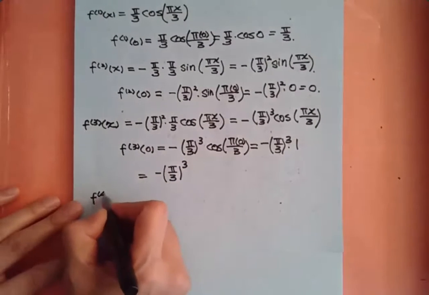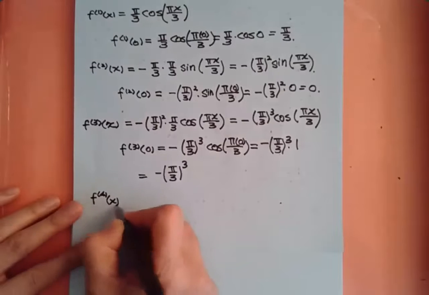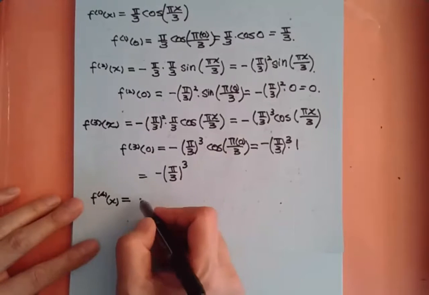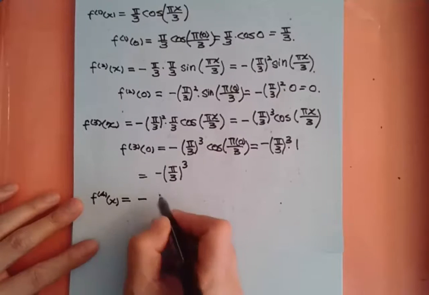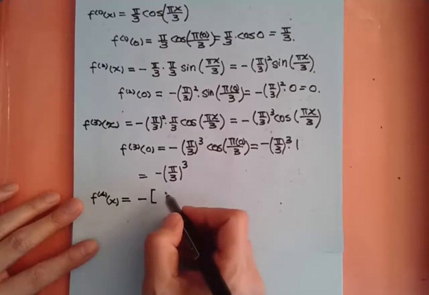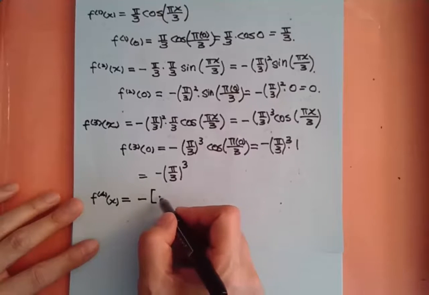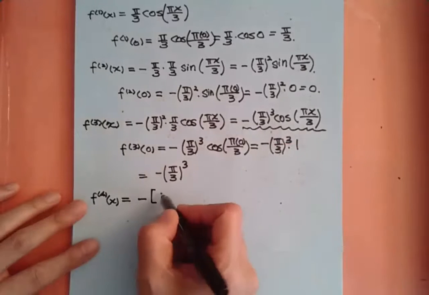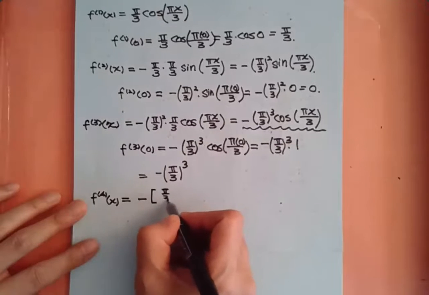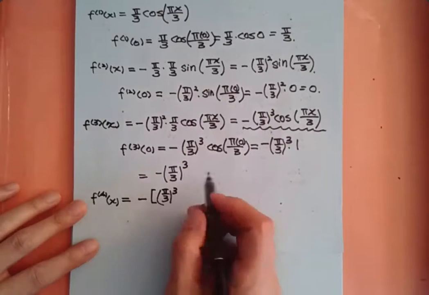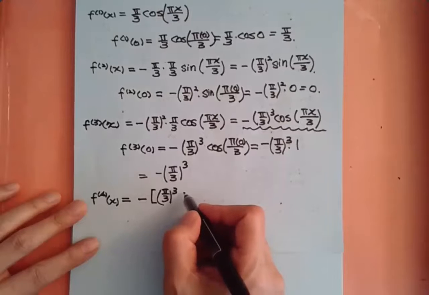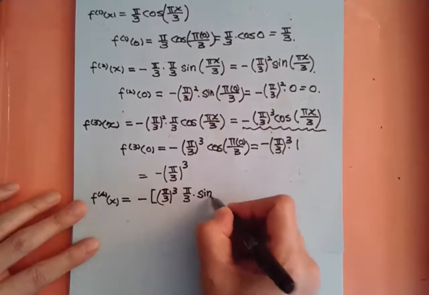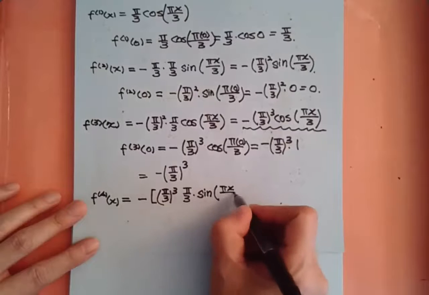The fourth derivative: we go back to here, minus pi over 3 cubed times pi over 3 times sine of pi x over 3.